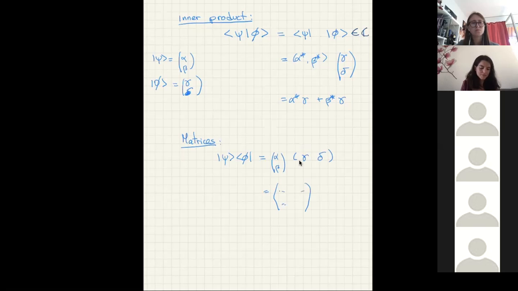With elements where the first element is going to be alpha times gamma star, and then beta times delta star, and so on.